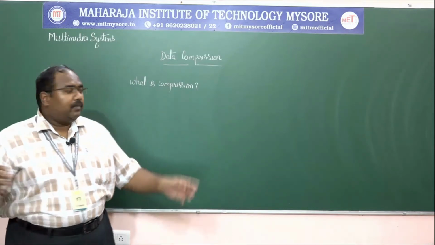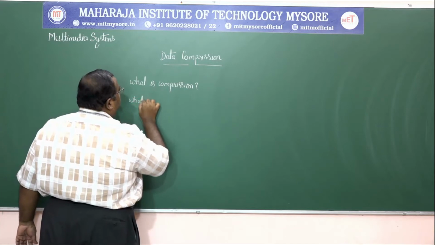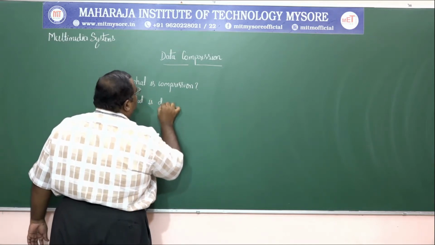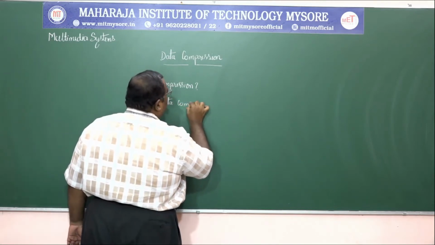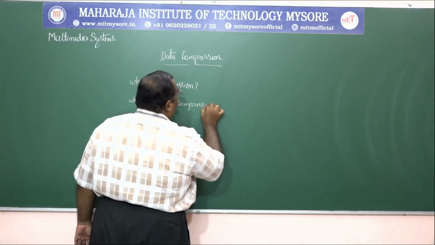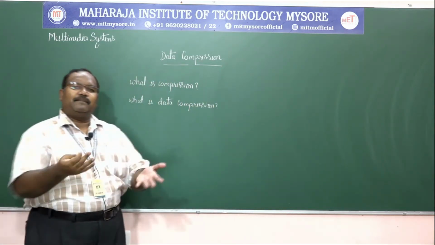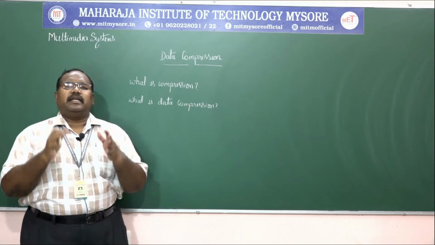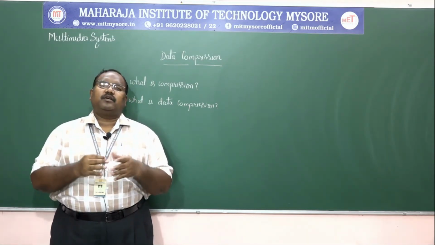Then what do we mean by data compression? As the name itself suggests, compressing of data, very simple. When we want to go with a standard definition, the definition goes like this.